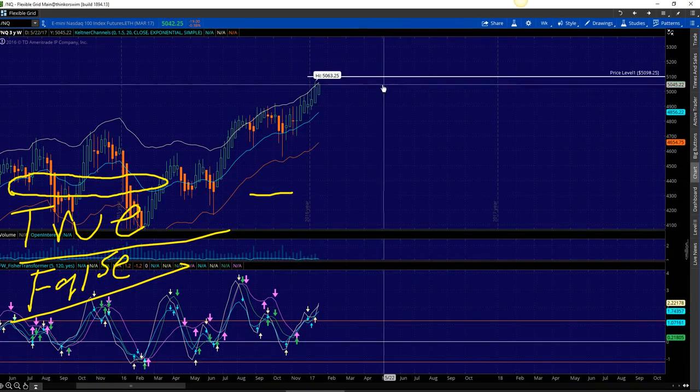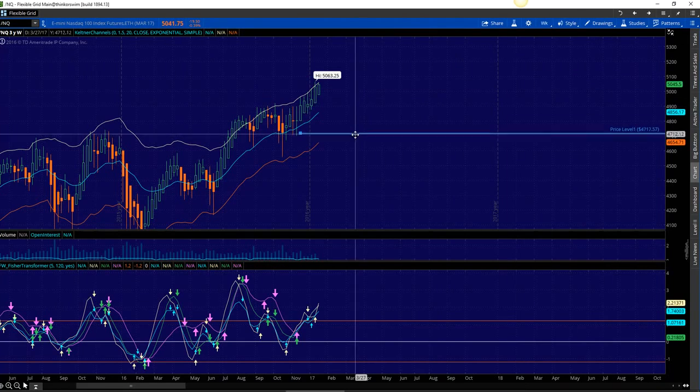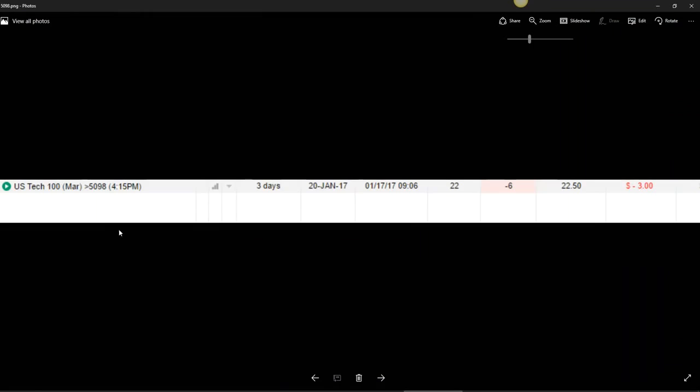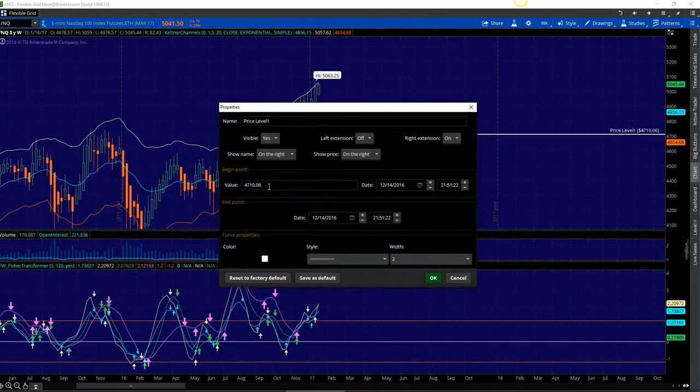Here's what I want to do. We're going to look at a weekly chart on the NASDAQ 100, US Tech 100. What we're going to do is draw that statement on our charts. We're going to draw 5098, and then we're going to draw the expiry time, 415 on Friday. So let's draw the 5098.